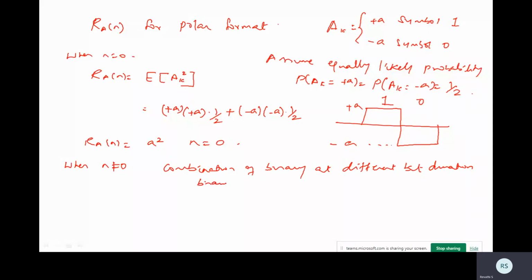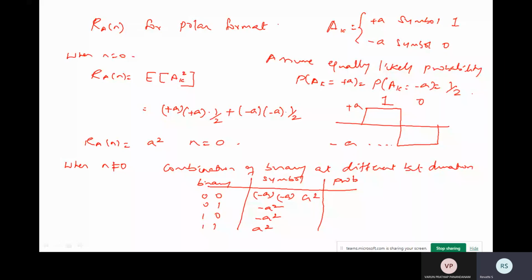You may have binary like 00, 01, 10, 11. If it is 00, 0 is represented by minus A and the other 0 is also represented by minus A, so minus A into minus A is A square. Here you have minus A into plus A, so this is minus A square. Here again you have minus A square. Here you will have plus A square. Okay. As we have assumed the probabilities are equally likely, the probability for each will be 1 by 4.